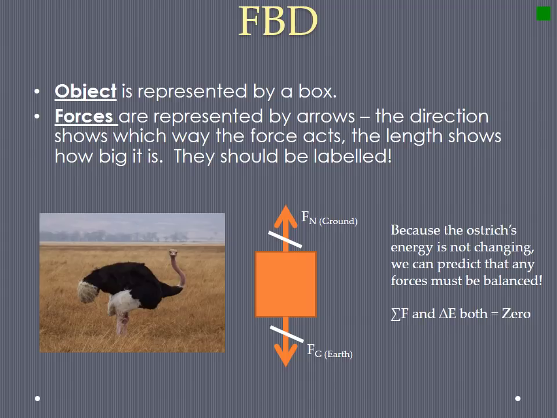We use these diagonal slashes to represent equality and symmetry between forces. Them being equal and opposite, if you added them together, would equal 0. And so we say sigma F is 0. And we can also say that the change in energy is 0. There is no new energy being added to or removed from the system.